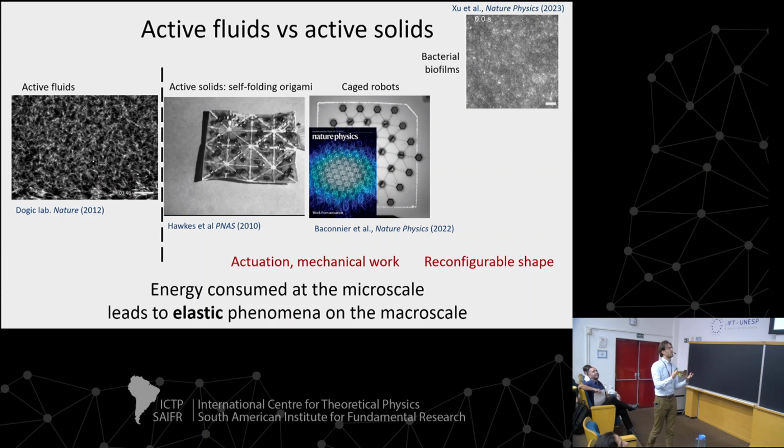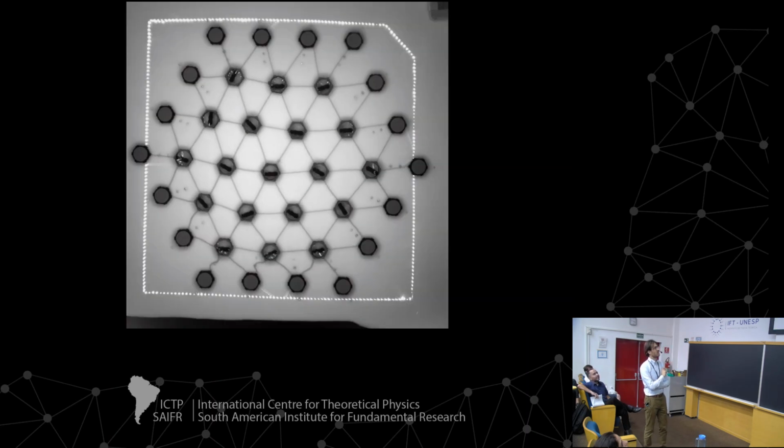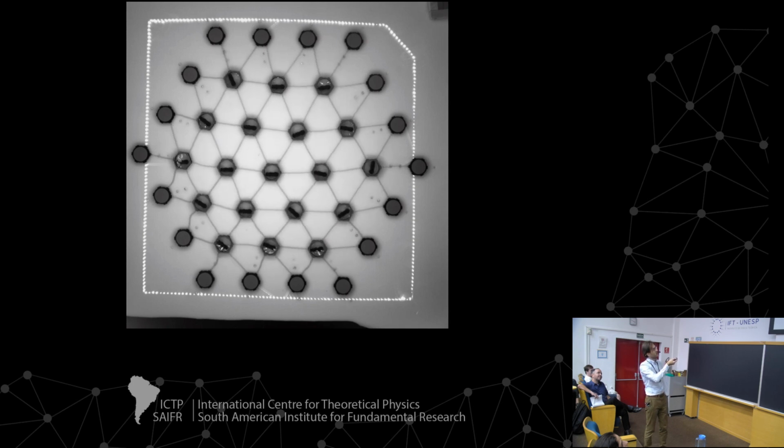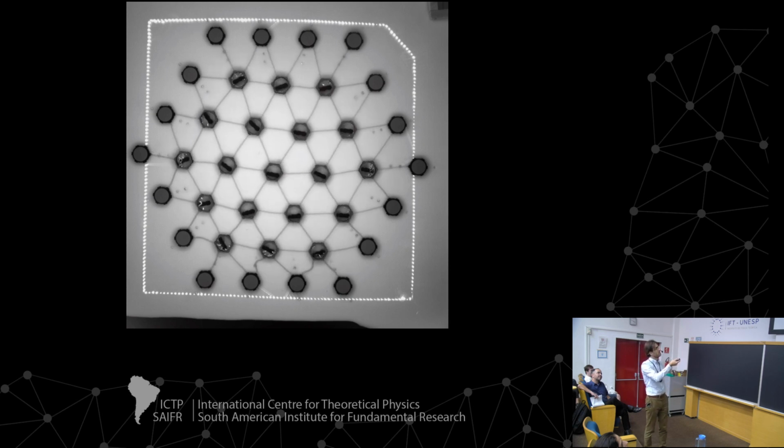What's to me more surprising is when interesting things emerge from a combination of active components and elasticity, things that perhaps were not expected. One example of this that I like is from the Dogic lab, where they put little self-propelled particles. These are robots, much larger than the colloids that I mentioned, a couple of centimeters in size.